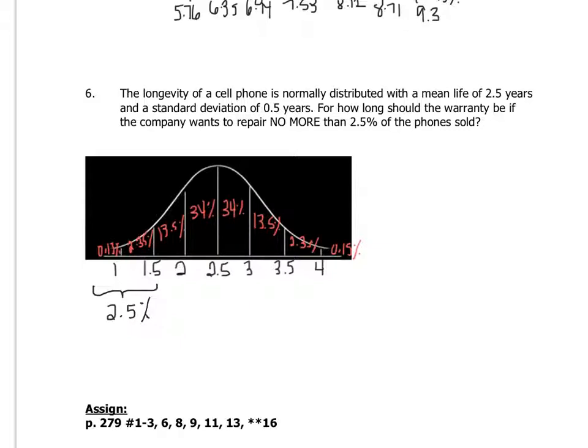So therefore, the warranty should be for up to 1.5 years. Anything longer than that, they're going to end up replacing more of the phones, because only 2.5% of their phones will last less than 1.5 years.